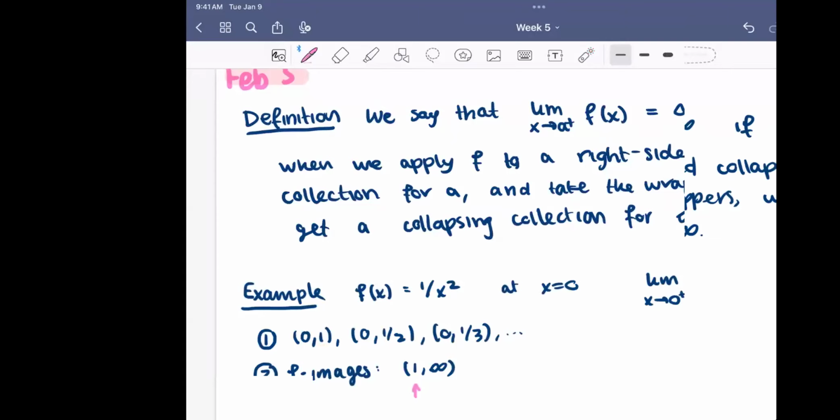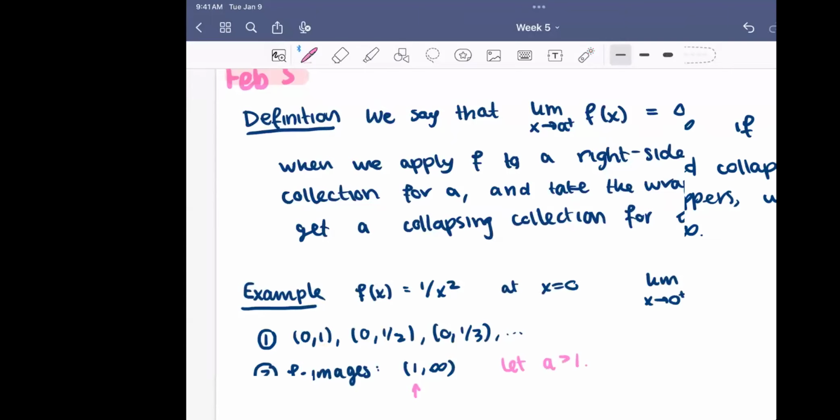So let's let a be some number larger than 1. I'm claiming that the f image is this whole interval, so a should be the output of something.